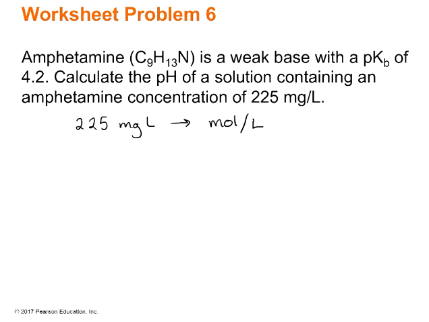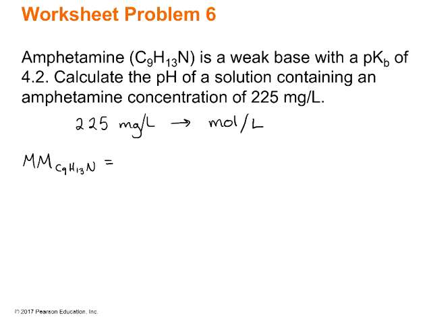Okay, so we want to go from milligrams per liter to moles per liter. The denominator is staying exactly the same, so we don't have to change the unit of volume, but we do want to go from milligrams to moles. That probably means that we need the molar mass of amphetamine. So let's calculate it.